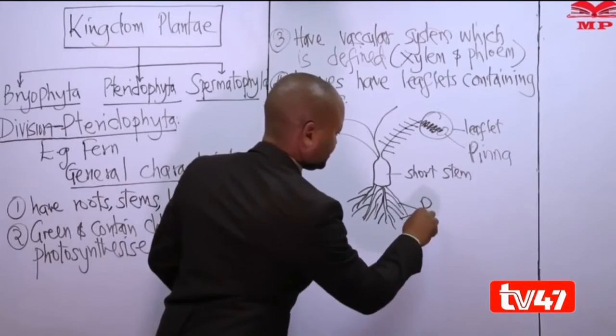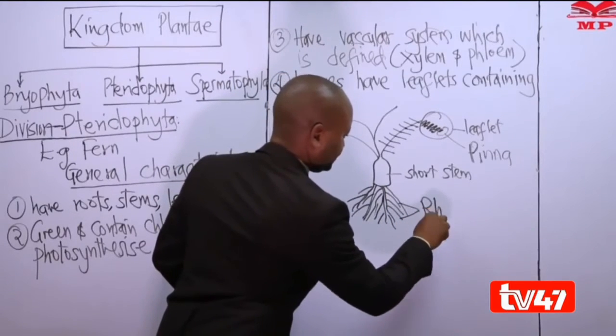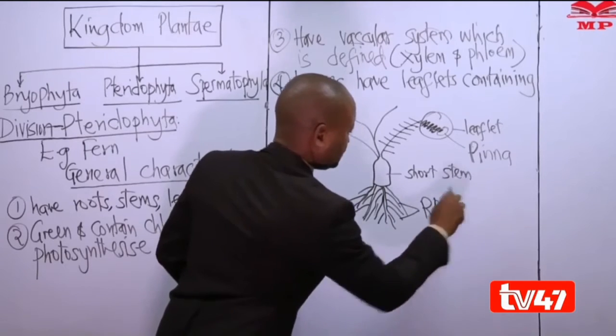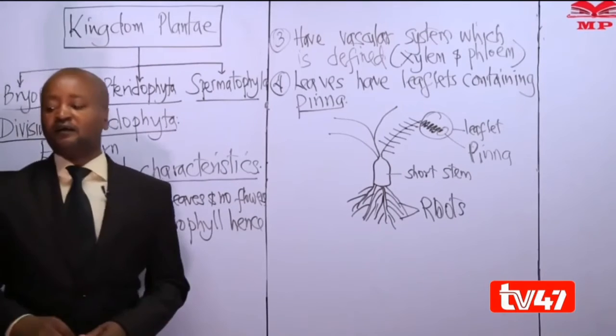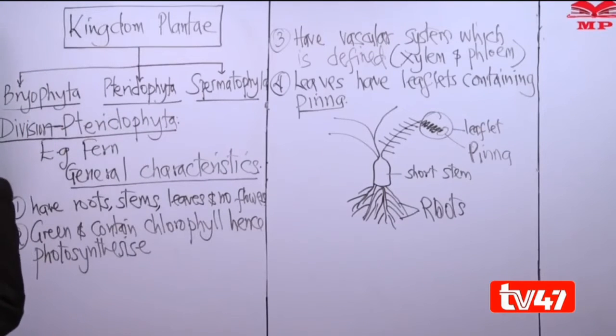Remember the other one had rhizoids? Not rhizoids, these are now the roots. So that is very unique among this particular group of plants.